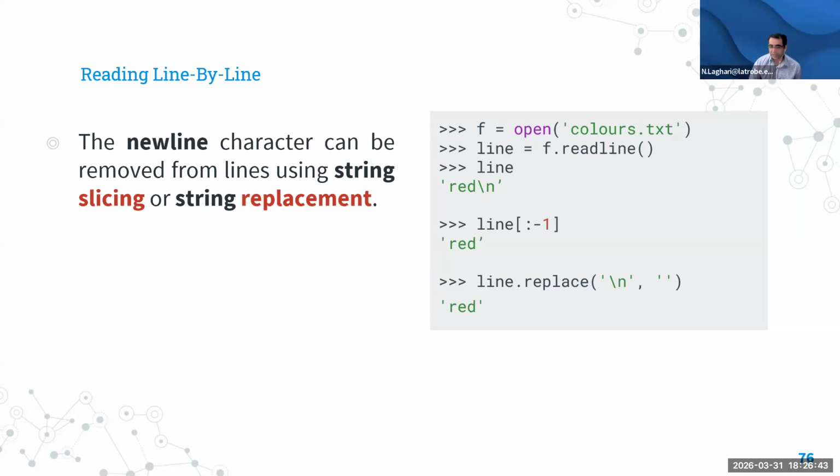If it was, then this might remove the D from this. But this is safer in that case, because if it finds \n, it'll return without the new line. But if it is not finding any \n, it'll return the actual string. So this is safer. Good question.